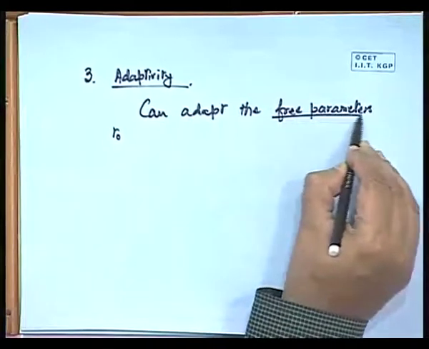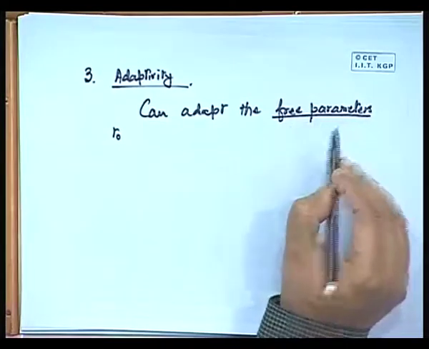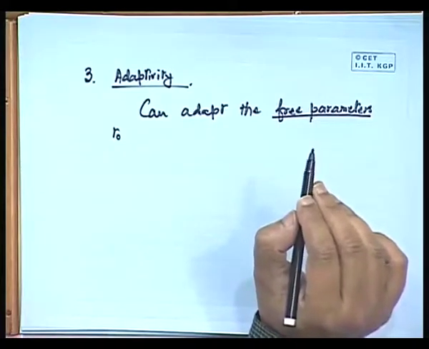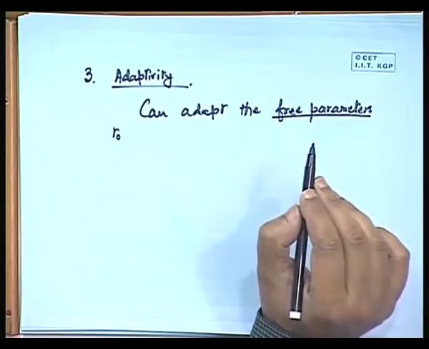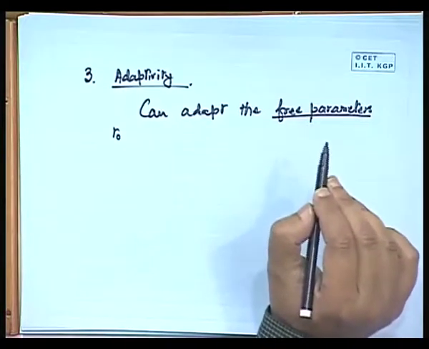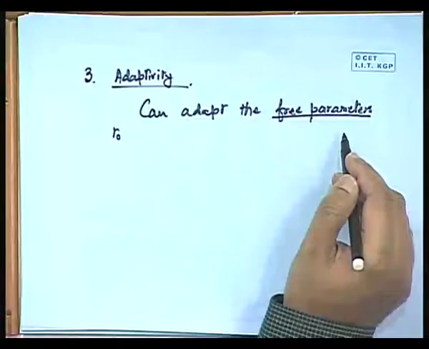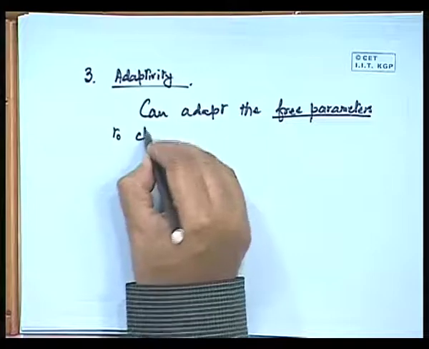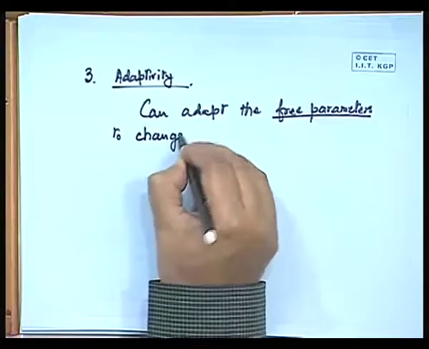So, at the moment let us accept this word free parameter, where the explanation would come a little later, or if it is not clear through this lecture, naturally with the next few lectures you will be able to automatically understand this. Now, this can adapt the free parameters to the changes in the surrounding environment.